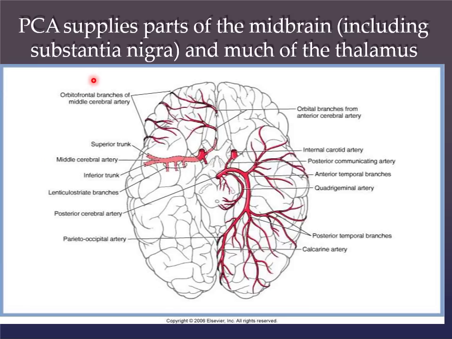The posterior cerebral artery coming off of the basilar artery supplies parts of the midbrain, including the substantia nigra, which we see over here, and much of the thalamus, and also the inferior temporal lobe and the occipital lobe, so that damage to this artery, depending on its location, could affect the substantia nigra and produce Parkinsonian symptoms, or produce blockage of information going to the visual cortex and produce a visual defect.